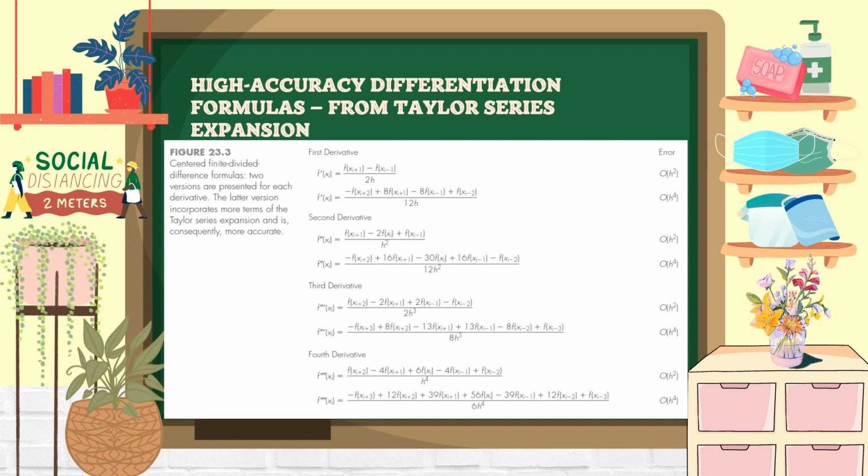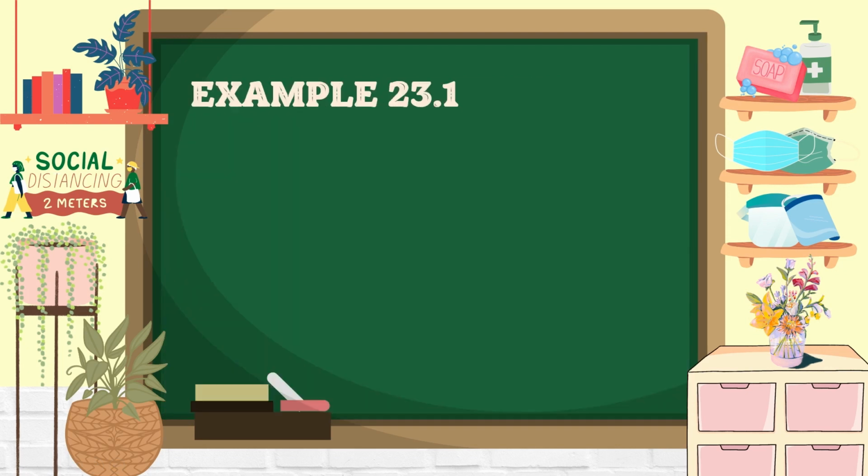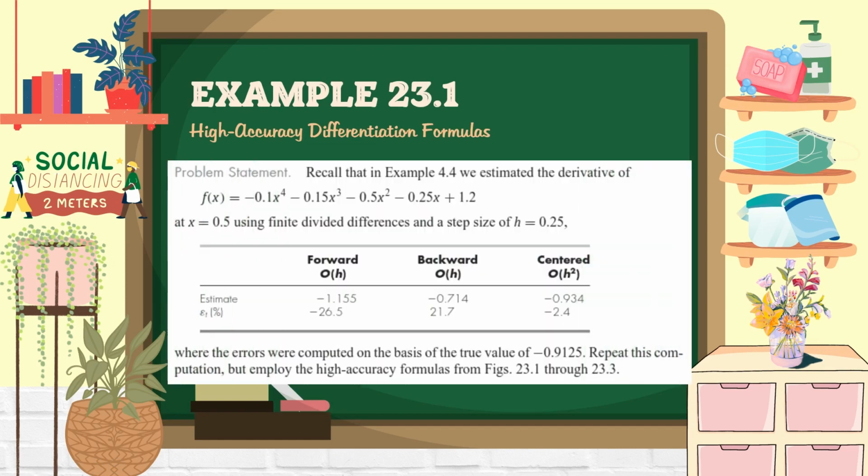In order to clearly understand high accuracy differentiation formulas, let's have an example. Example 23.1, high accuracy differentiation formulas. Problem statement: recall that in example 4.4, we estimated the derivative of the function given as negative 0.1x to the fourth minus 0.15x cubed minus 0.5x squared minus 0.25x plus 1.2, wherein x equals 0.5, using finite divided differences with a step size of 0.25.